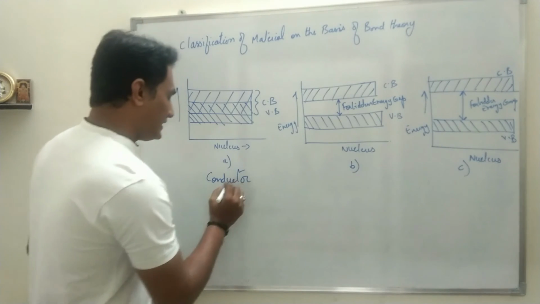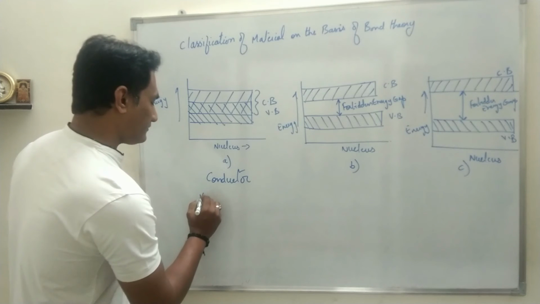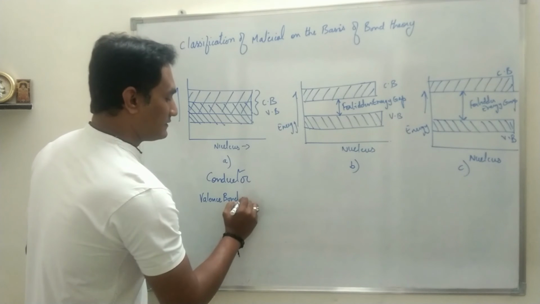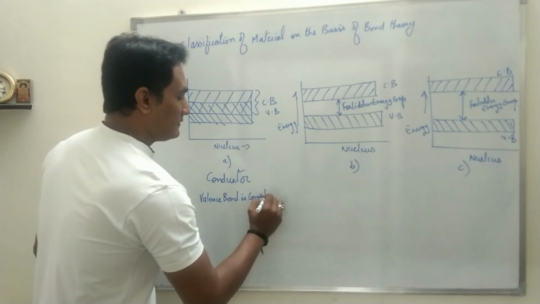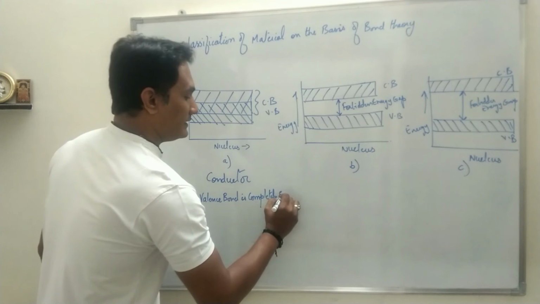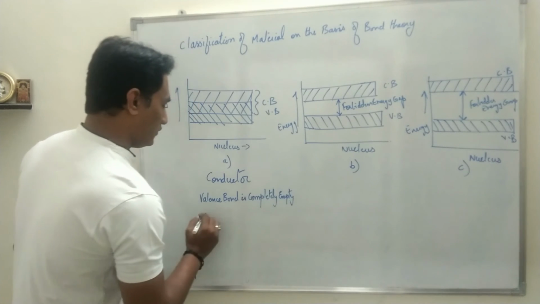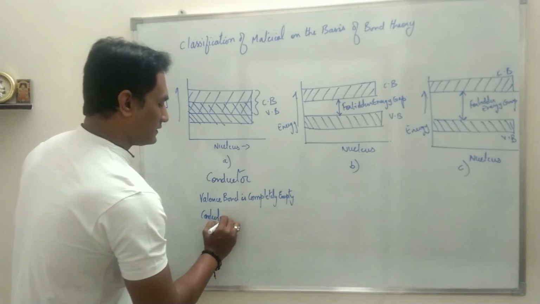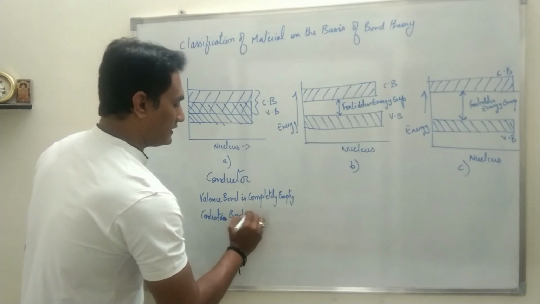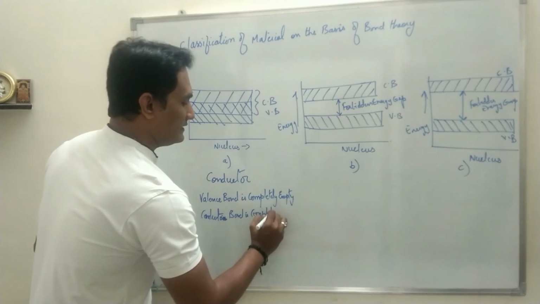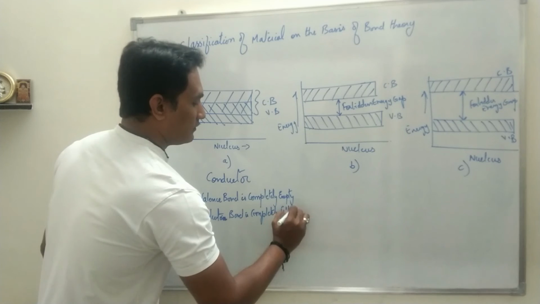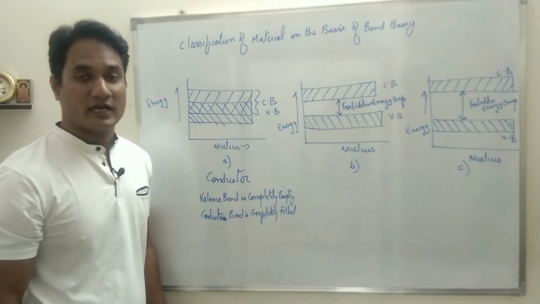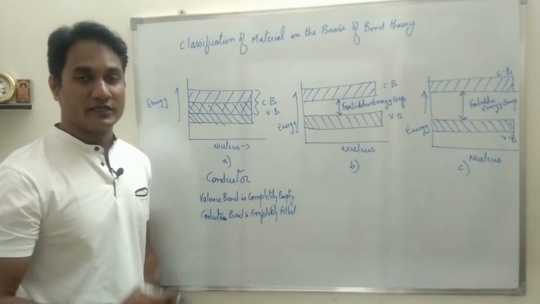Okay, so in a conductor we say valence band is completely empty, while conduction band is completely filled. That means a large amount of electrons are already available in the conduction band. So as soon as you apply power, current will start flowing in the circuit.